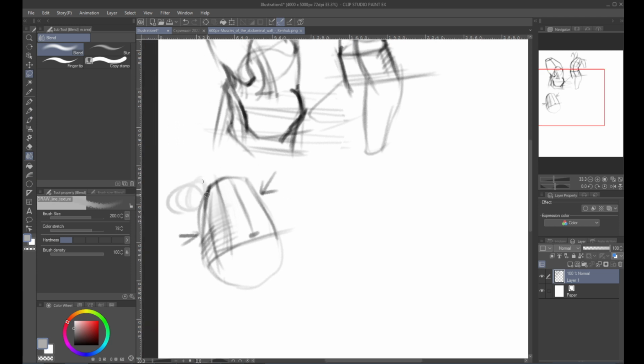Why is this important? Well, because when we draw, for example, pectoral pecs, pectoralis majoris it's called, had to Google it too.